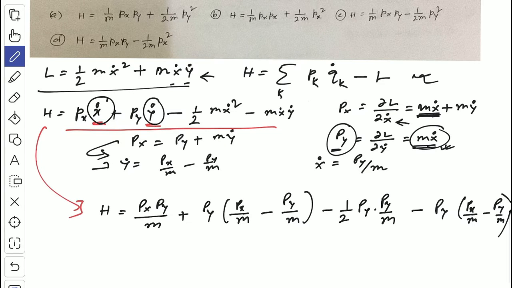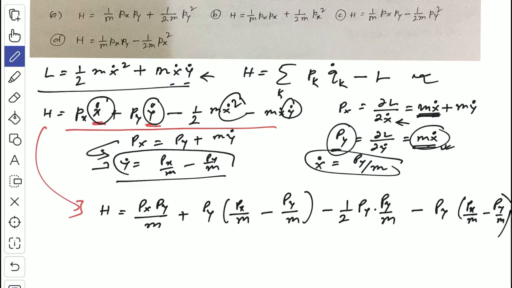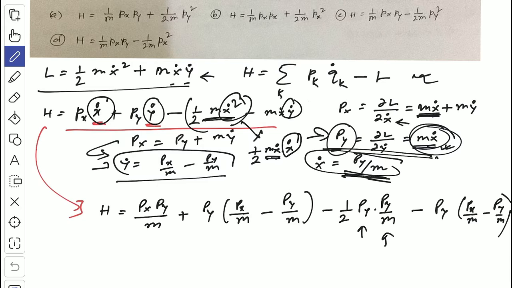Now here you see what we have done. We have replaced this x dot and y dot by these values that we have got here. This is y dot, this is x dot. And this term half m x dot square can be written as half m x dot into x dot. So replace the x dot by p by m, and replace m x dot by p_y, because we have already got p_y is equal to m x dot.